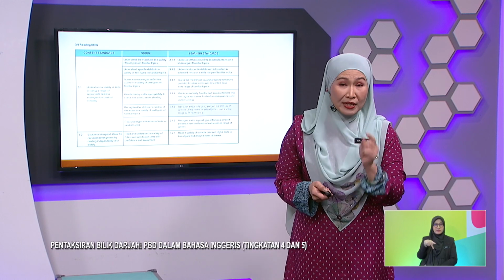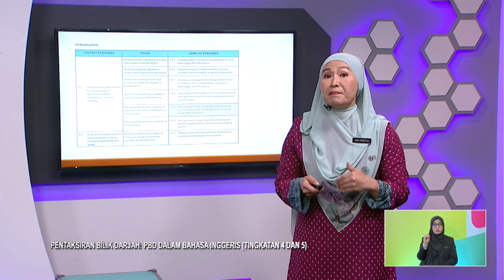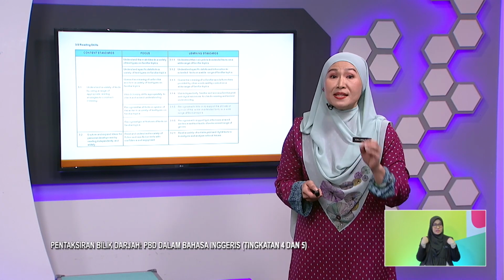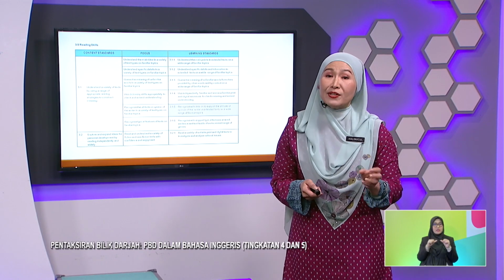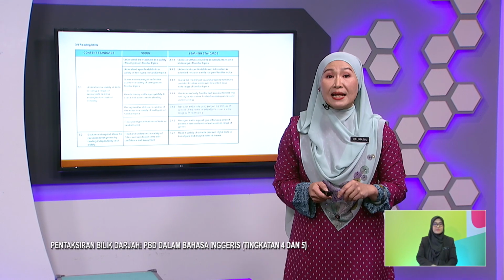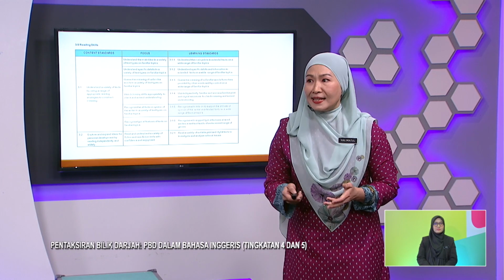But if you go to the SOW, you will see this particular learning standard being the main learning standard that you have to teach. And I'm focusing on just the main learning standard, because when we are assessing PBD and we mirror it to our lesson, we assess them based on the main learning standards.